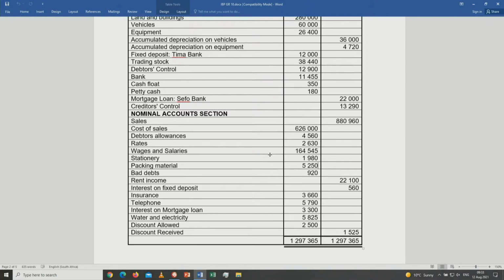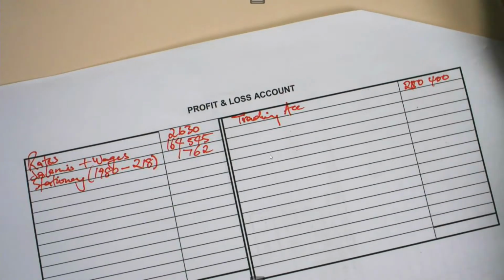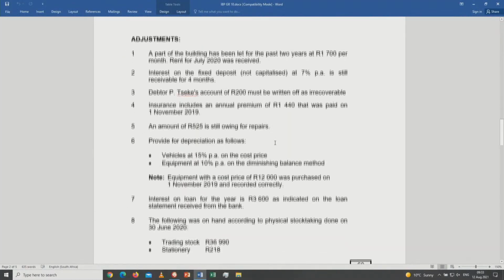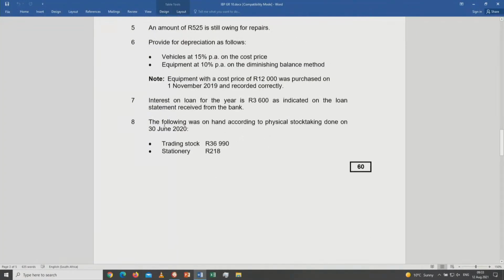Let's go back to our trial balance, and then we have packing material. Before we do the packing material, just here, the following was on hand according to physical stock taking.